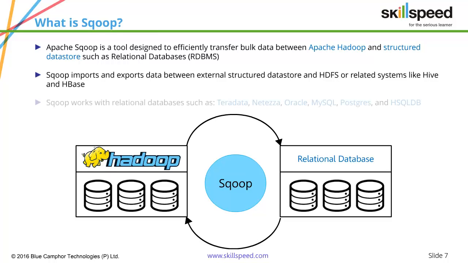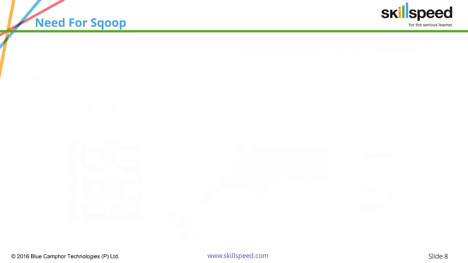Now, the advantage of Sqoop is that it really works very well with most of the RDBMS available in the world, such as Teradata, Netezza, Oracle, MySQL, Postgres, etc. So you will not find it difficult to implement Sqoop because most of the organizations will be having one or the other RDBMS that I have just mentioned, and Sqoop allows connectors to connect to them and directly import the data.